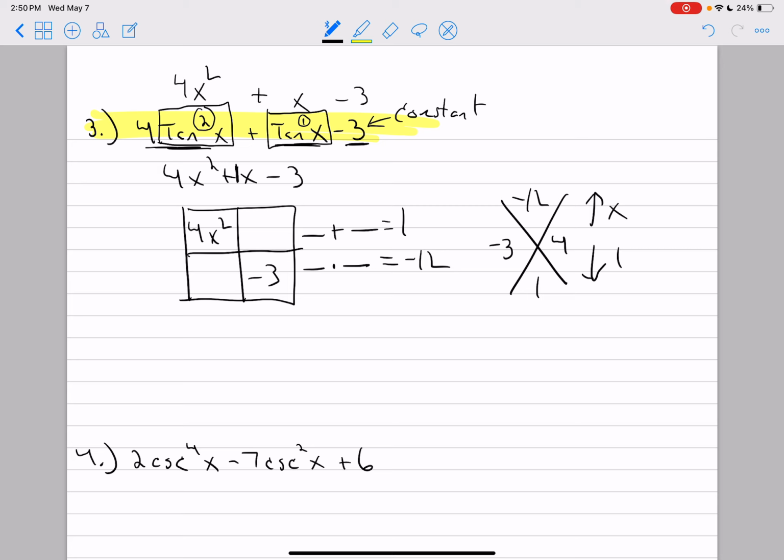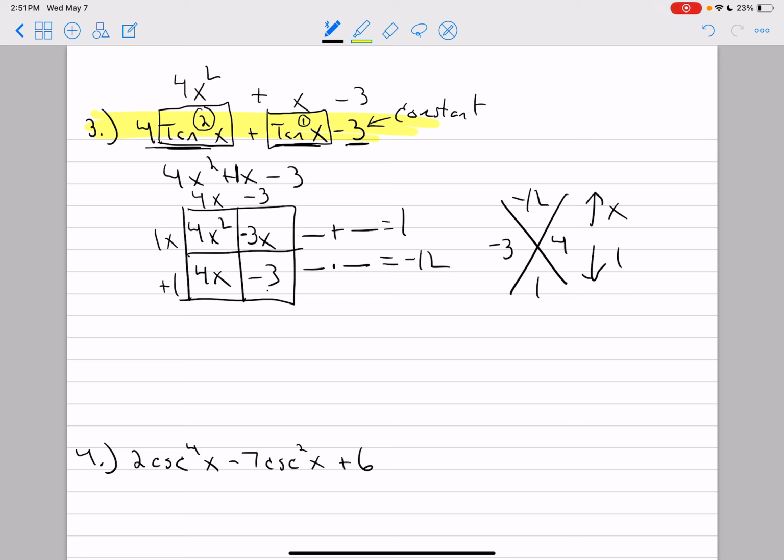Okay. So negative 3 times 4 is negative 12. Negative 3 plus 4 is 1. So we have negative 3x and 4x. Now we're going to factor these things. We're probably going to do 4 and 1 here. 4x, 1x, minus 3 plus 1, negative 3 times 1 is negative 3.